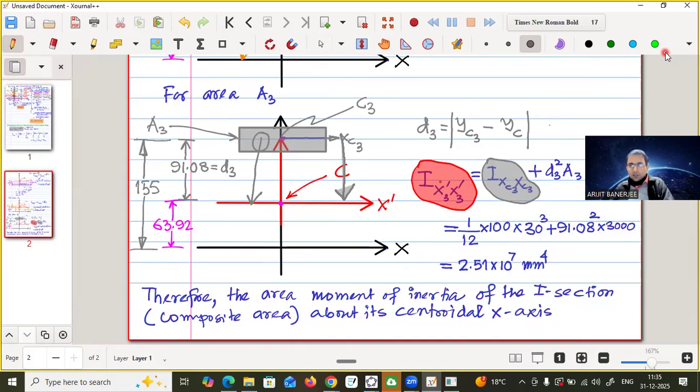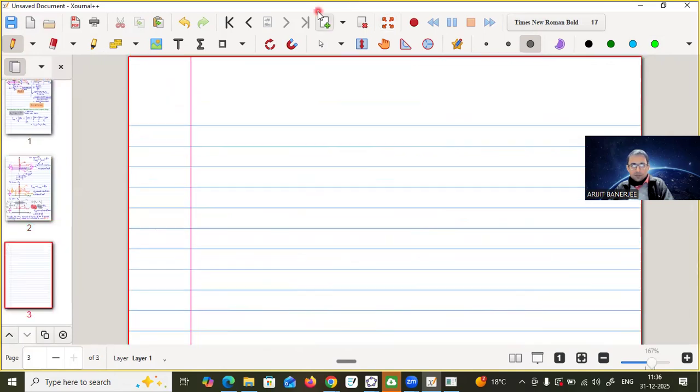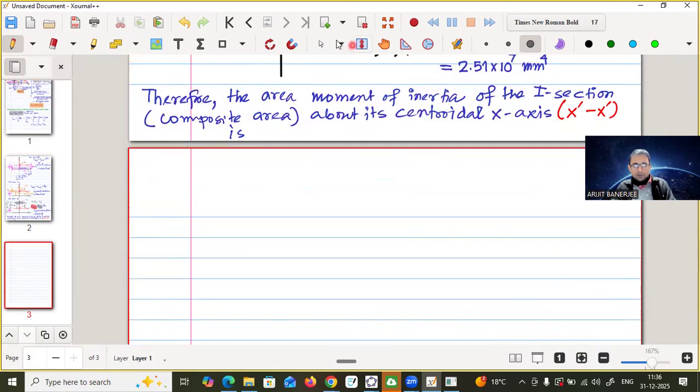What is that? A centroidal x-axis means basically x prime. What is that? Can you tell?